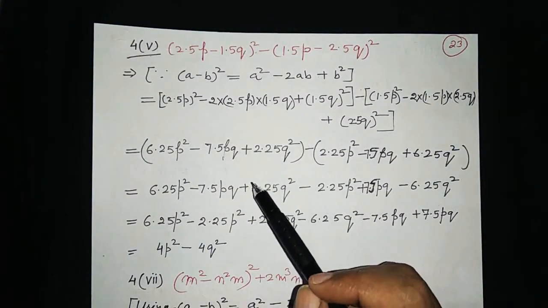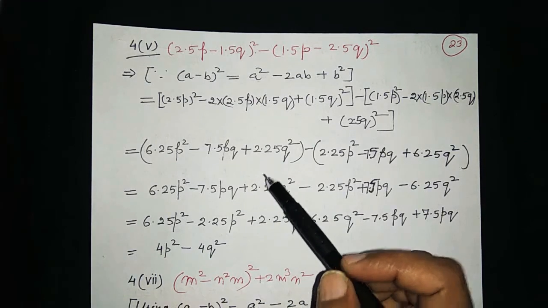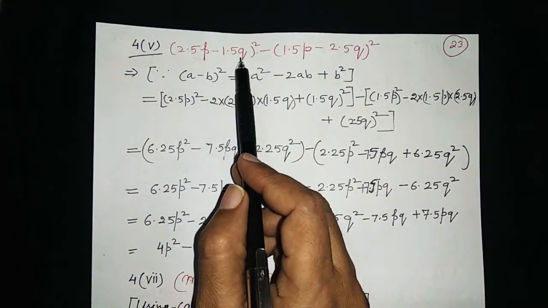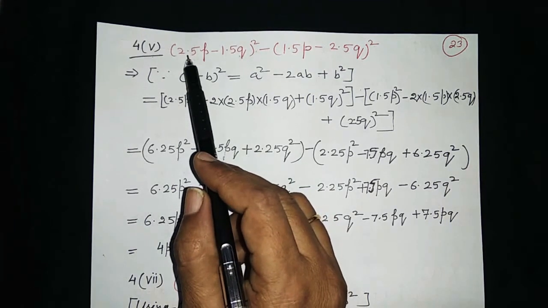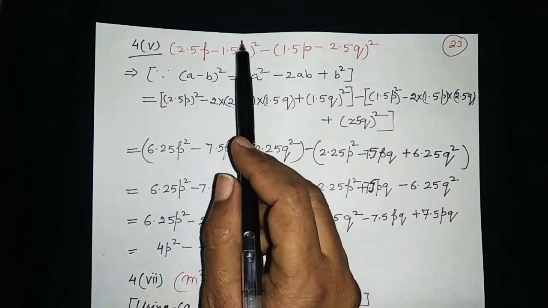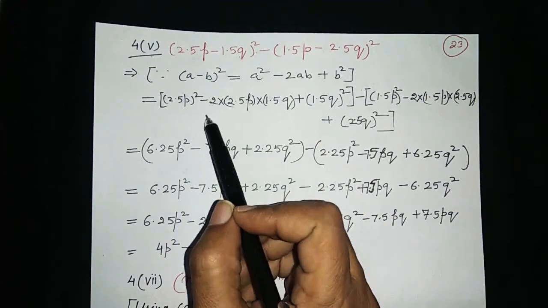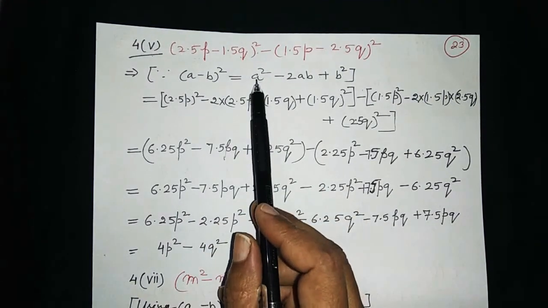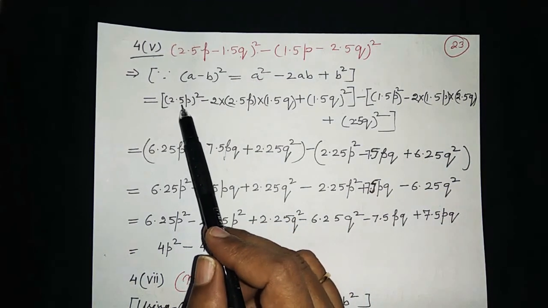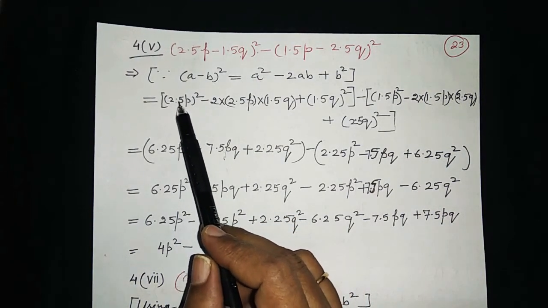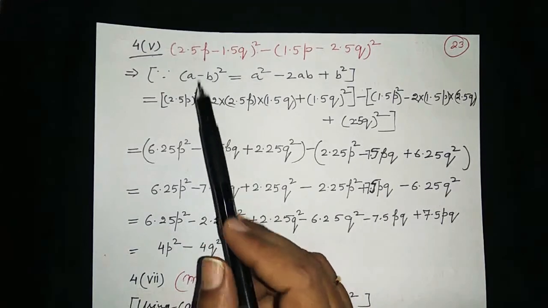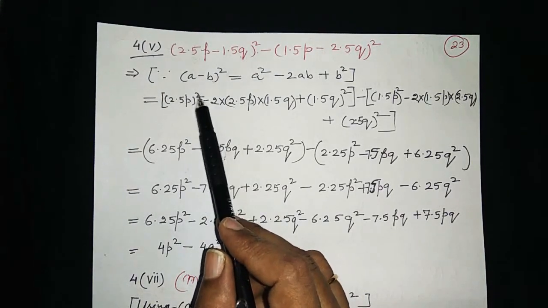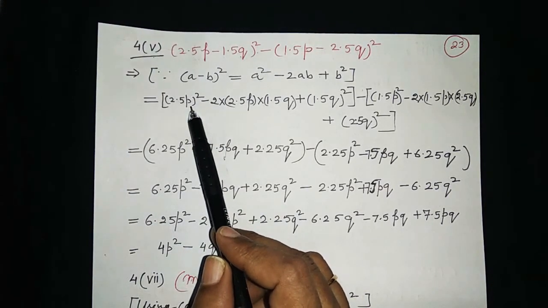we will simplify. First you will take this 2.5p minus 1.5q whole square. Here a is 2.5p and b is 1.5q. So here a square, for this we will write 2.5p whole square. In bracket you will write 2.5p.